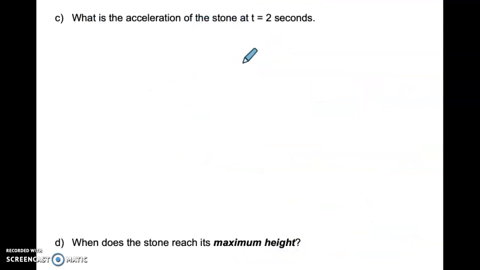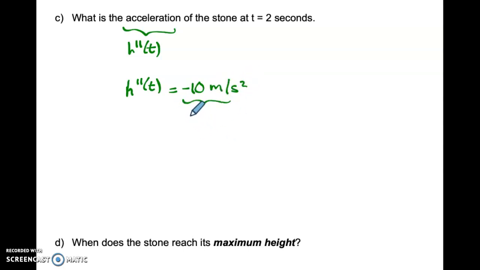So next they're asking us to find what is the acceleration of the stone at 2 seconds. So remember, acceleration is going to be the second derivative of the height function, because it's actually the rate of change of velocity. So if we take the derivative of h prime of t, we get negative 10, and the units would be meters per second squared. Because there's no variable in that, that actually means that the acceleration is going to be constant.